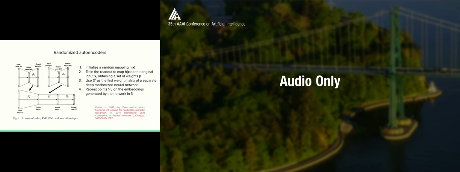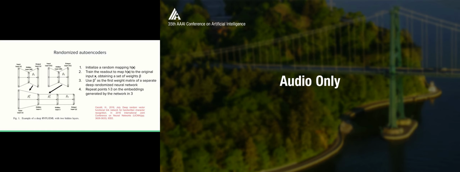So a general recipe to combine autoencoders with random vector functional link-like neural networks is described in this paper from IJCNN 2016. It is based on 4 very simple steps. Number 1, you initialize a random mapping H of X, similarly to what we have seen in the shallow models in the previous part of this tutorial. Number 2, we train the readout to map H of X to the original input X. And in doing so, we obtain a set of weights beta, for example, using least squares solutions.